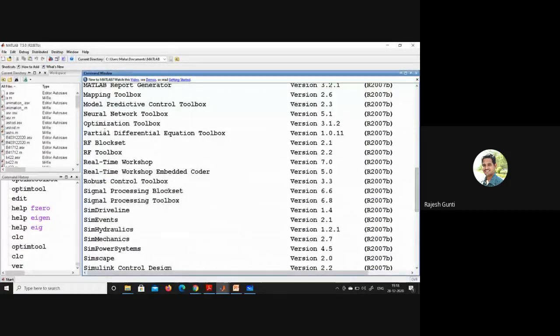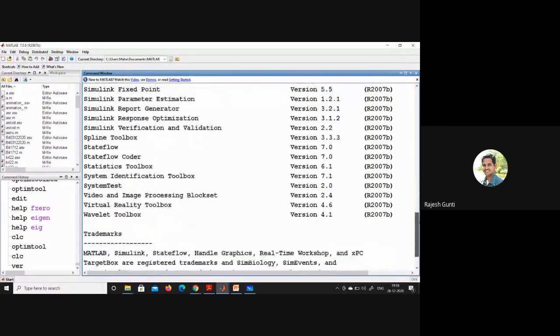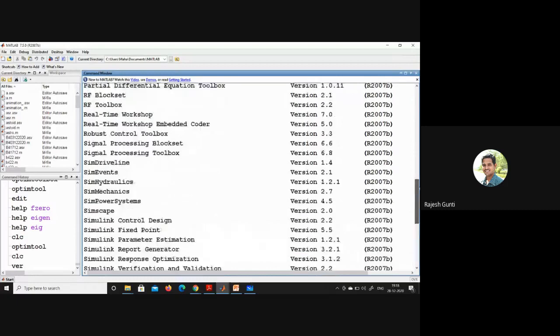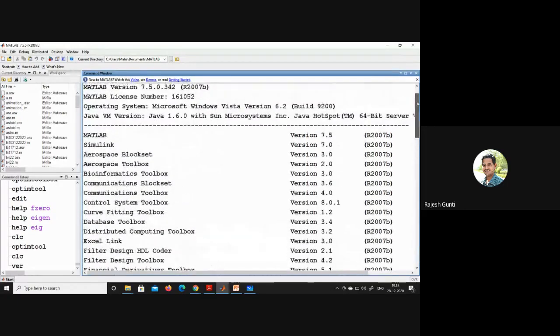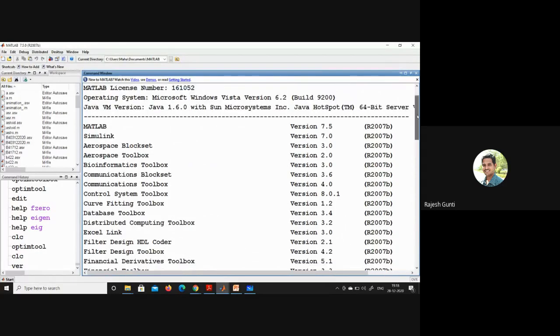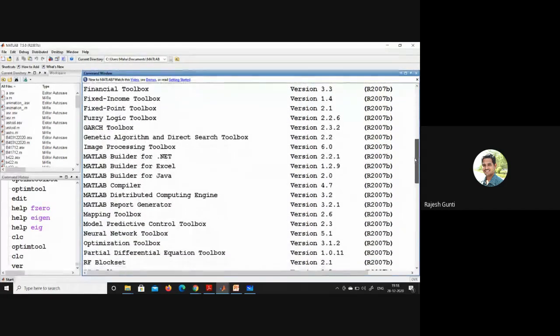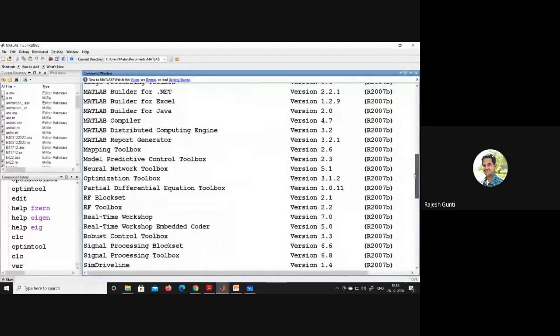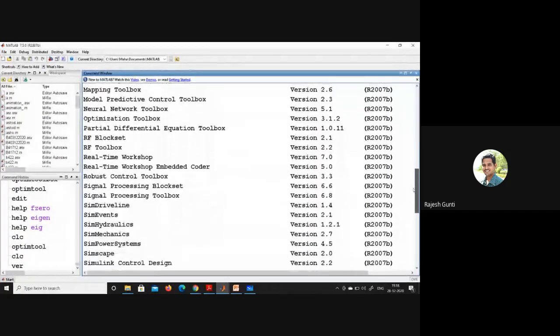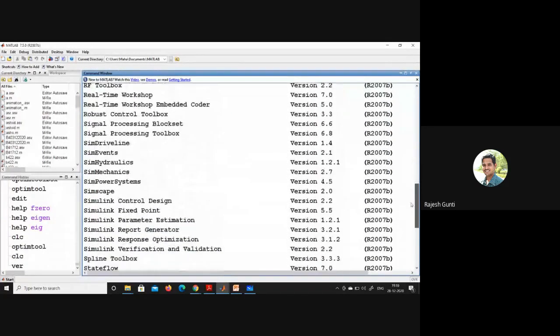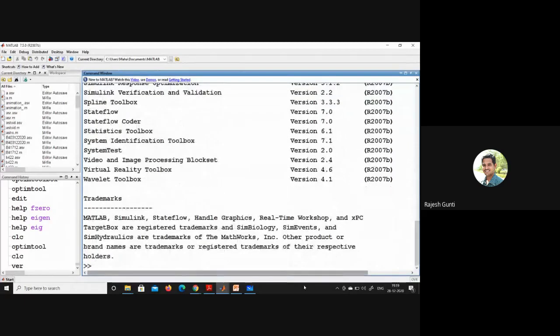Optimization toolbox, neural network toolbox, partial differential equation toolbox. Like this in 2007, these many toolboxes are available. How many? Around 60 toolboxes, above 60. Am I correct?